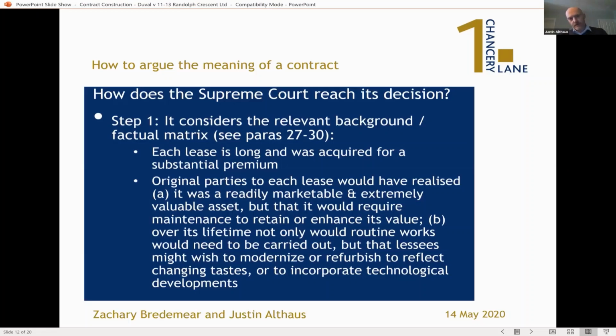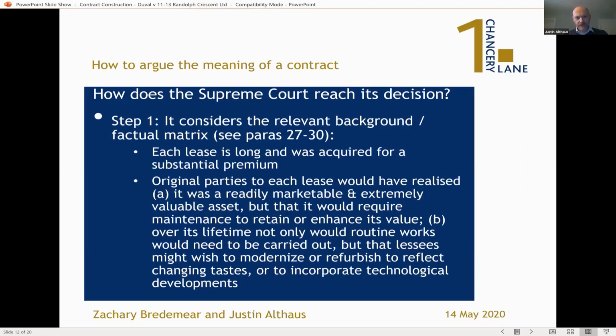So the points that the Supreme Court considered were that each of the leases was long, it was acquired for a lot of money. The original parties to that lease, notice it is the original parties, not the litigants that the court's concerned with. The original parties would have realised that the lease was a readily marketable and very valuable asset, but that it would require maintenance to enhance or retain its value.